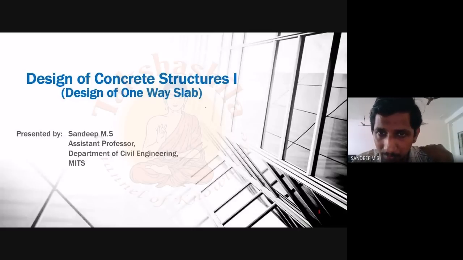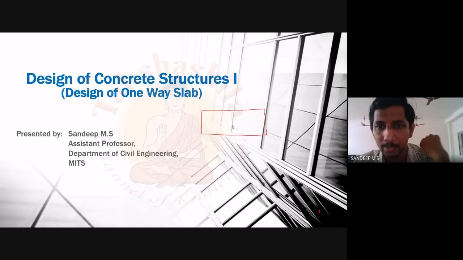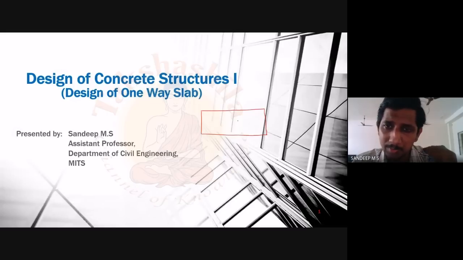Say, when you consider a slab like this. Okay. So you have a room which has one dimension very large compared to the other dimension. When this is subjected to load, you will be having support here on this side throughout this portion.